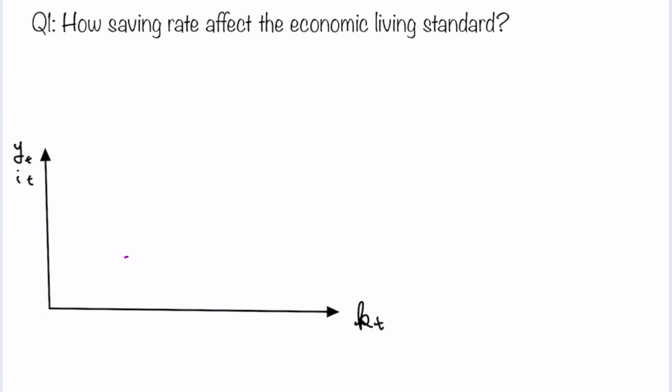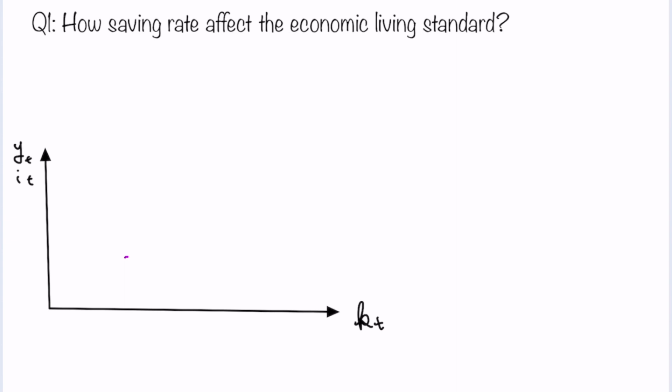The horizontal axis is the capital stock. That is because when we are looking at the Solow model, the value of the capital stock determines the value of all the other variables, which includes the output, the investment, and the consumption.